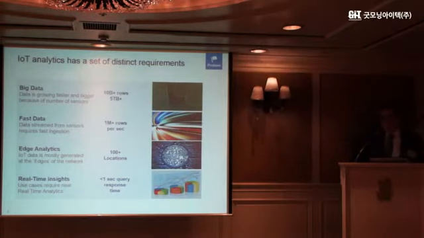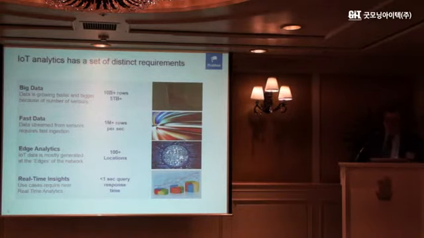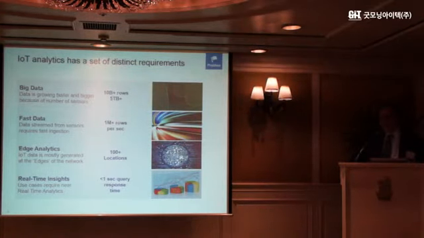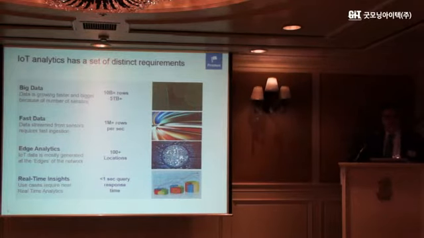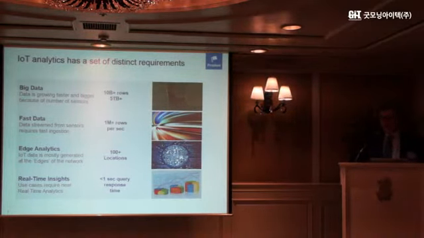So the requirements which are quite important for big data, for IoT analytics, is first of all big data. You will be faced with huge volumes of data. Also, if you only think on just a single device, you will probably not have that much data.